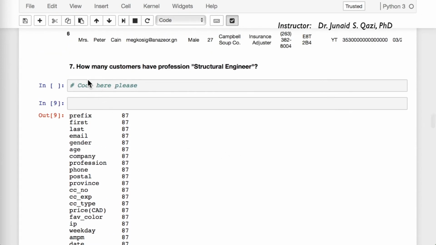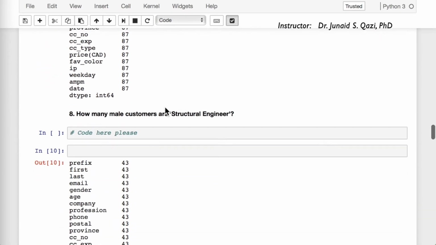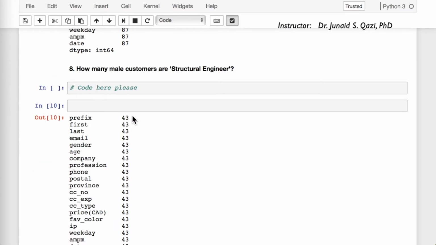So in question 7, he's asking how many customers have profession structural engineer. So you have to explore the profession of the customers to answer this question. Question 8 is, how many male customers are structural engineers? So actually you have to apply 2 conditions. One is structural engineer and second is male.